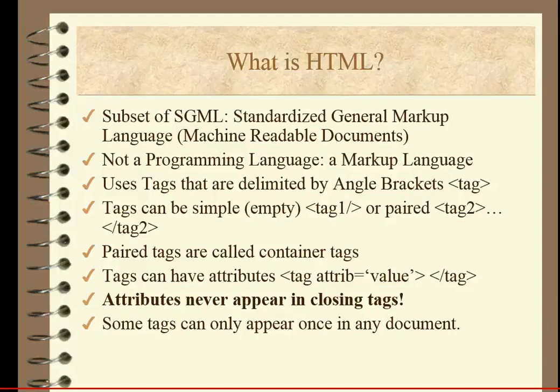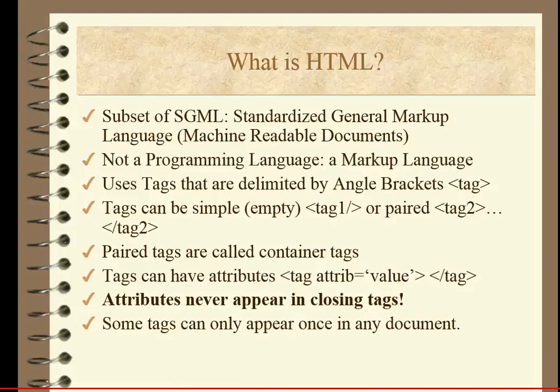Okay, tags can have attributes, and the attributes are name-value pairs. So you'll have a name and then the equal sign and then the quoted value for that. So we call that a tuple, where you have a name-value pair. Those only occur in the head tags.